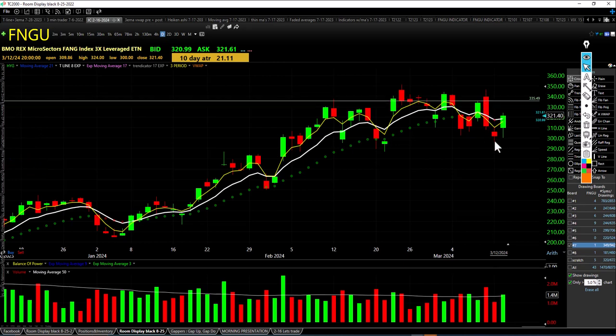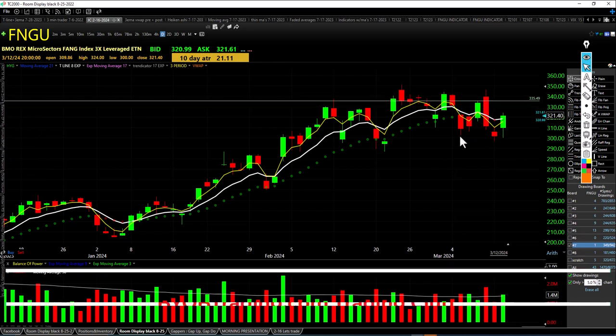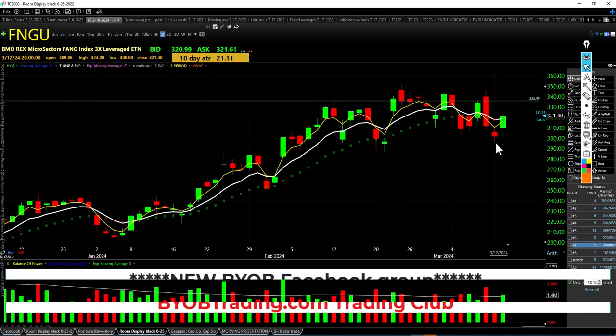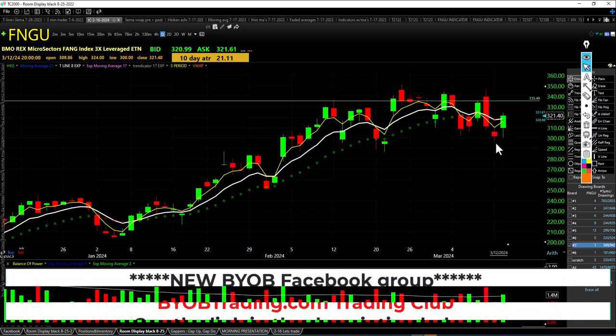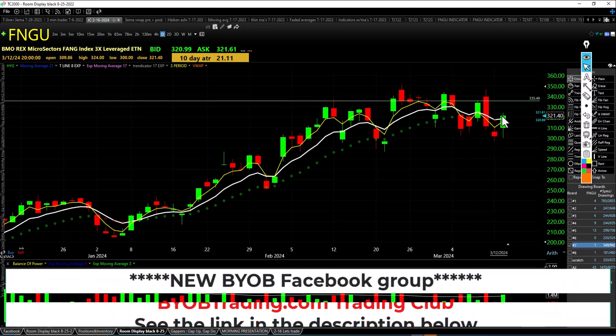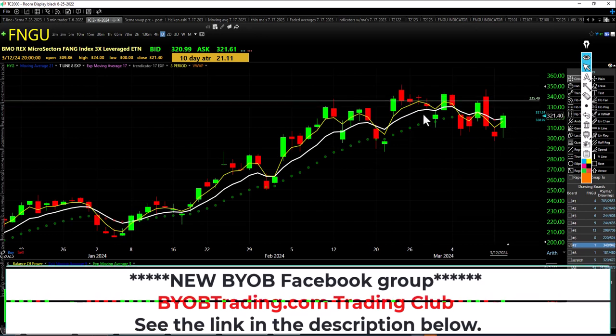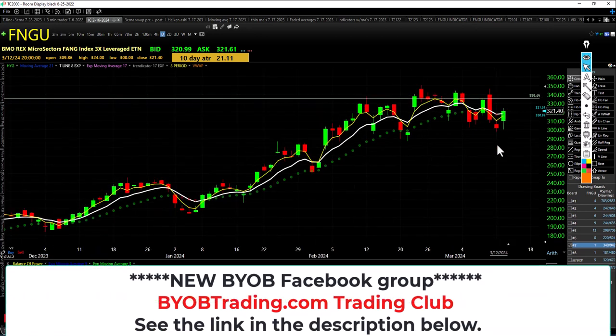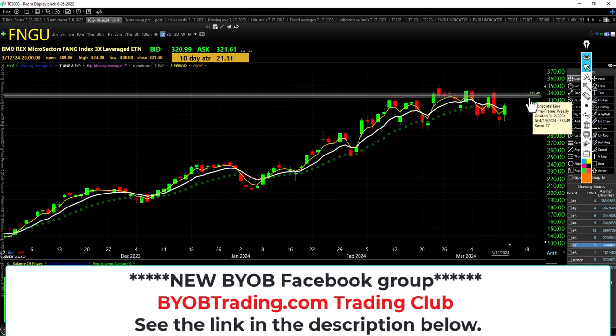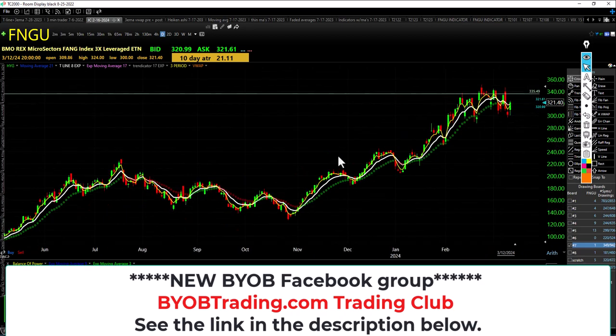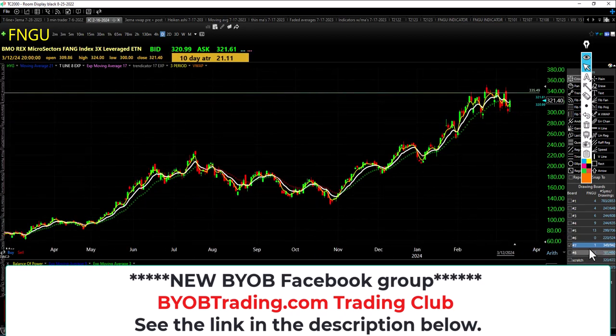And then we came back in here and took out this lower low, and that put us back in a downtrend right there. So we took out the lower low, and now we're just kind of waffling and consolidating right here up against 335.